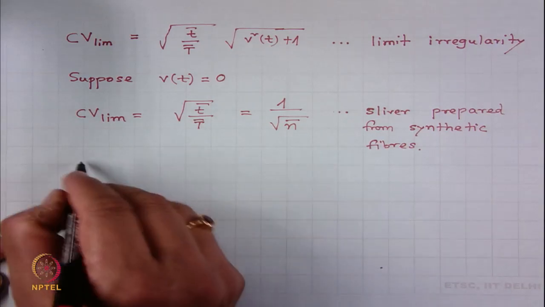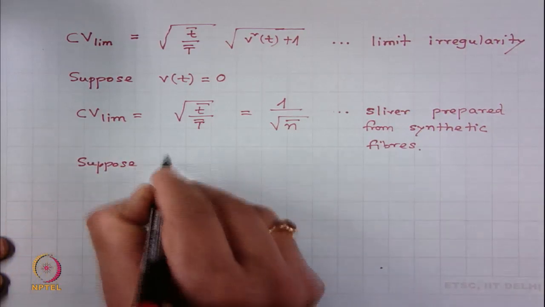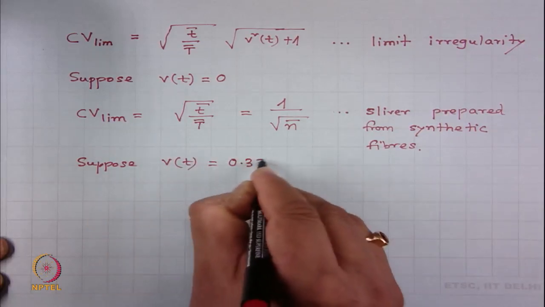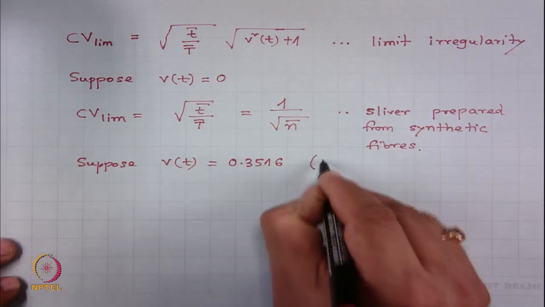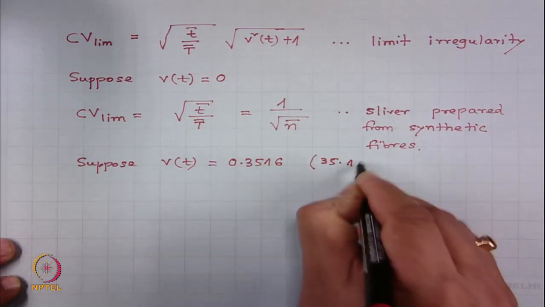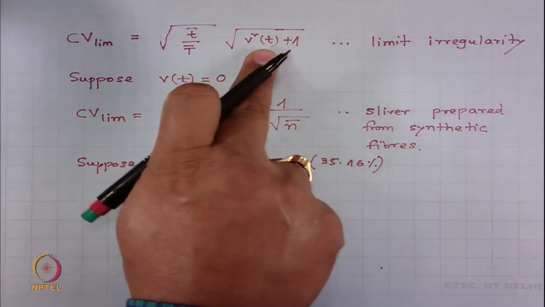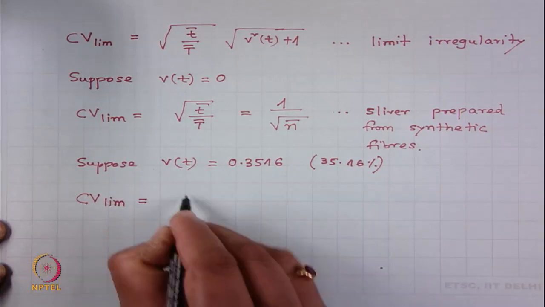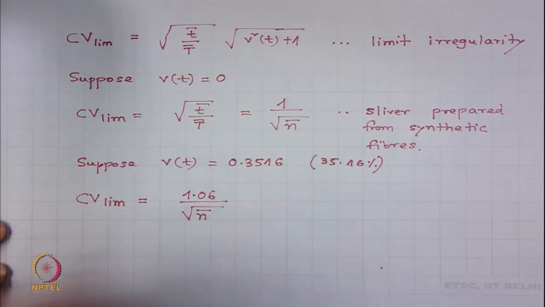And suppose V t is equal to 0.3516. That is basically 35.16 percentage. So, if you substitute this value here, then you will find CV limit is equal to 1.06 by root over n bar.